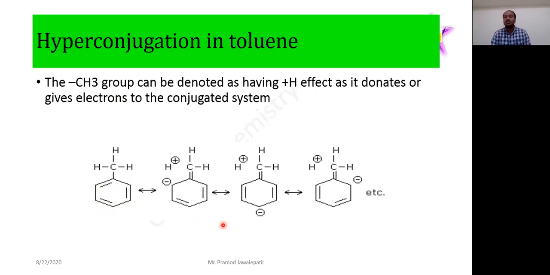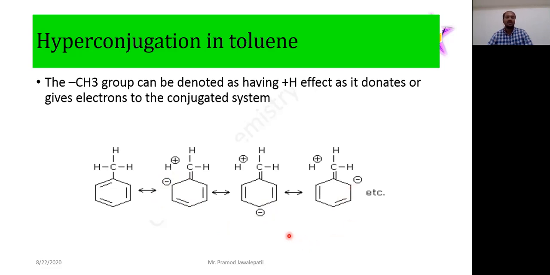Also due to this hyperconjugation, toluene is ortho-para directing. So this is a very important point of hyperconjugation in toluene, and we will describe it in resonating structures. See, this negative charge is delocalized over the ortho, para, and ortho positions.